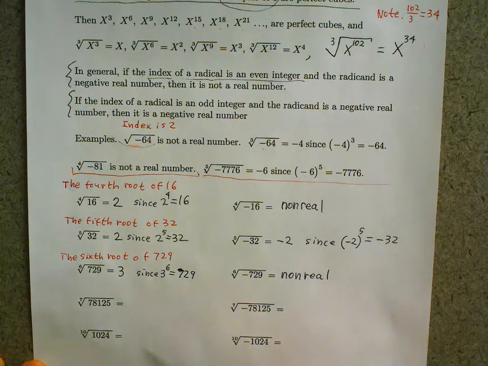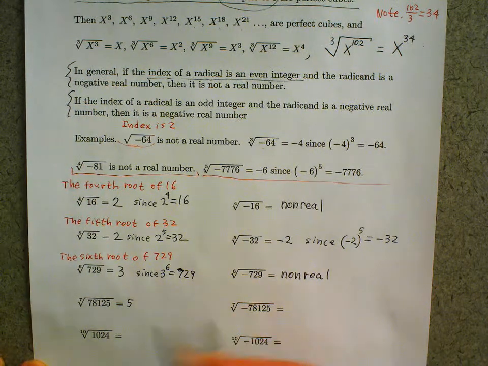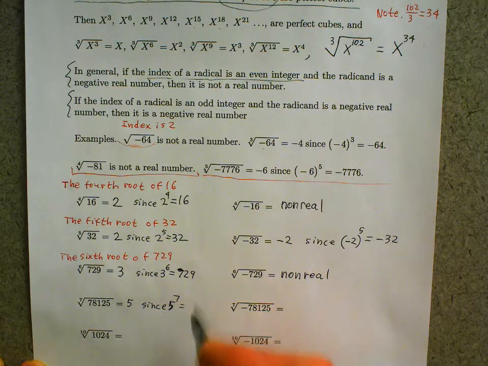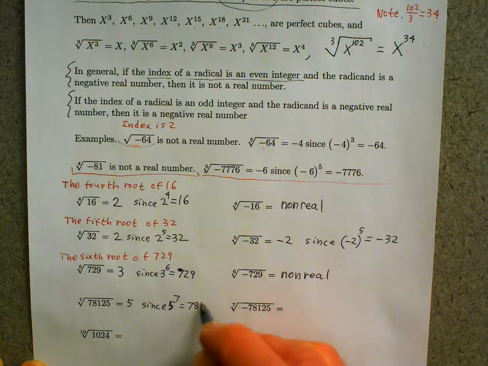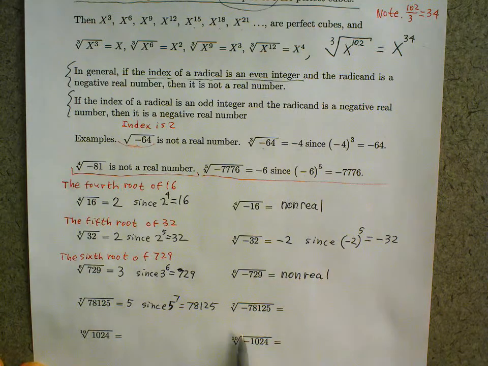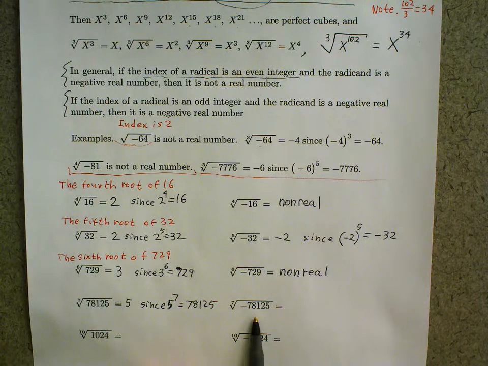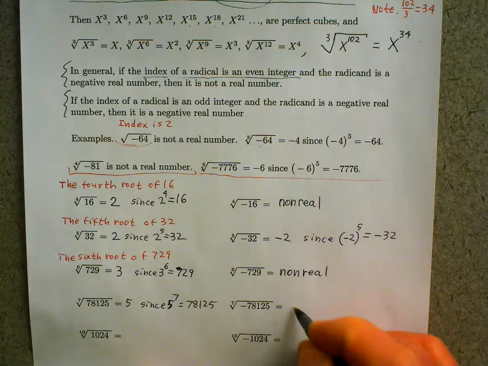Five. Yes, this one's 5, since 5 to the 7th is 78,125. And the seventh root of negative 78,125? Well, the index is odd. The radicand is negative, so this is negative 5.